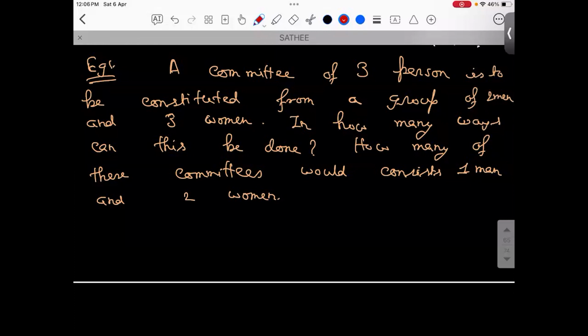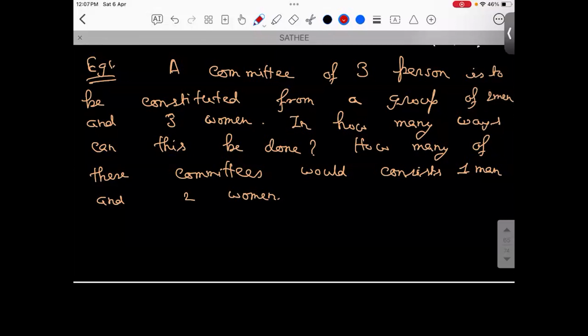So I am giving this example to say that here the elements are not distinct, like ordering will not be important. So just remember that in these cases you need to go with combination rather than permutation.